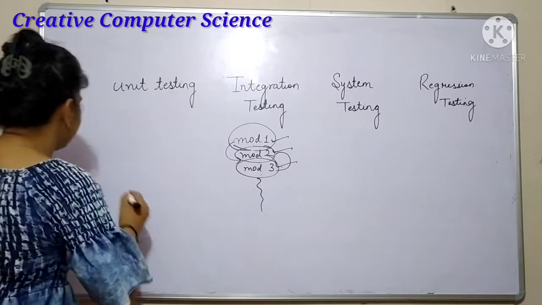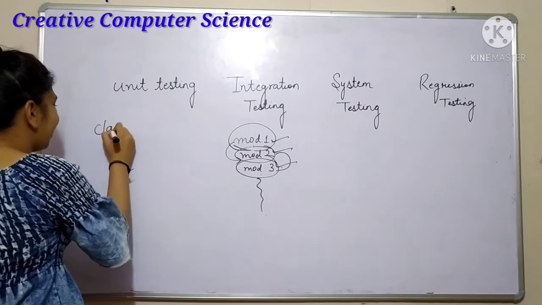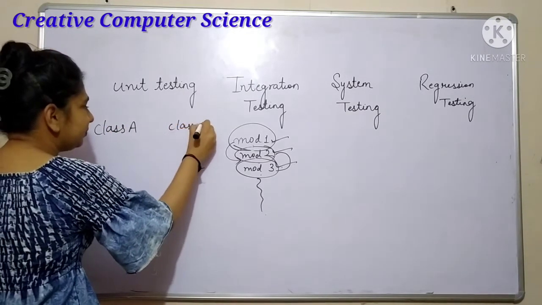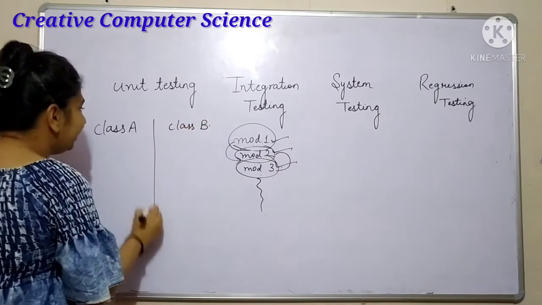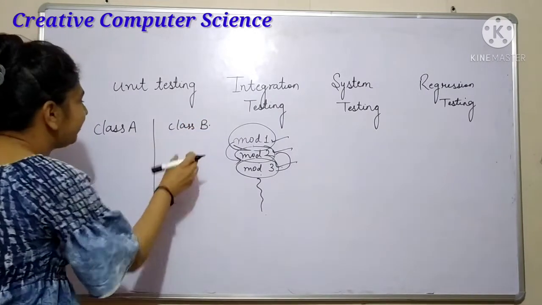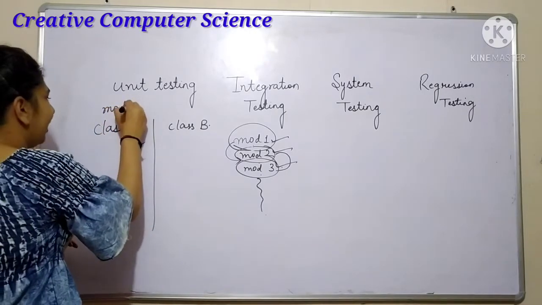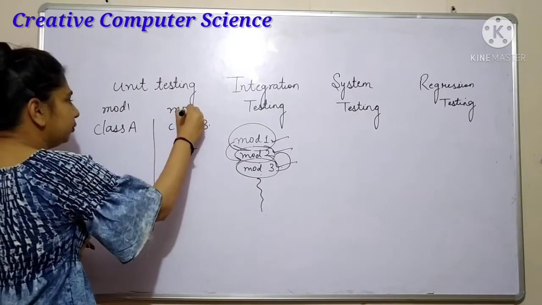What I mean to say is, let's suppose I have class A and class B. These are two different modules: module 1 and module 2.